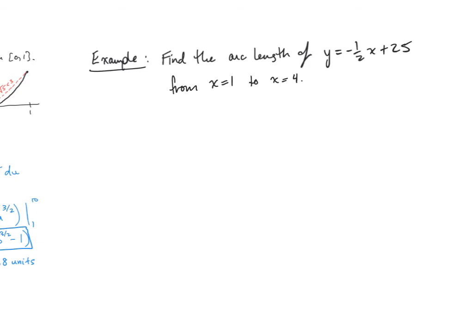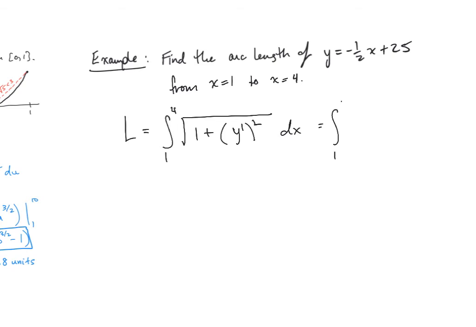Well, let's see, let's just do this. So the arc length is going to be the integral from 1 to 4 of the square root of 1 plus the derivative of y. So we're dealing with, I guess we call it y here. So y prime squared dx.